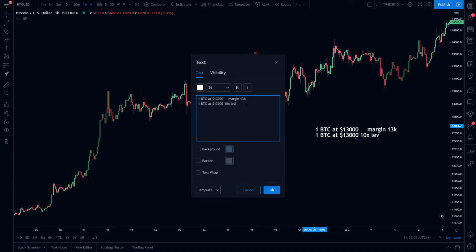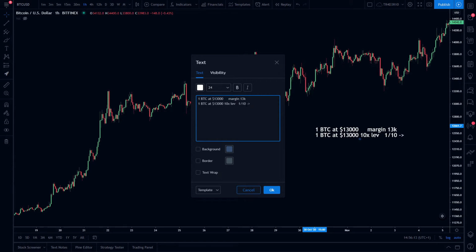What does this mean? It basically means that you're only putting in 10% of the funds now, so basically one divided by the leverage.